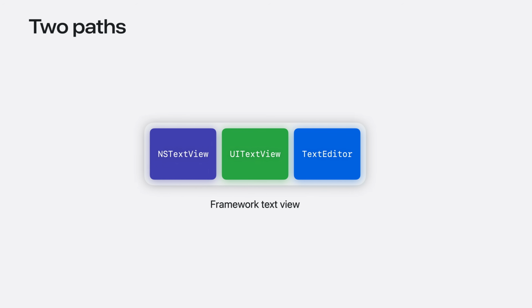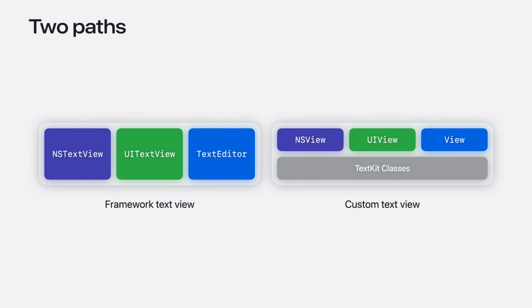The second path is to use TextKit as a text engine and render the text in a view or a layer directly. We call this a custom text view to differentiate them from the prepackaged framework text views. You set up an NSTextLayoutManager, implement viewport layout on your own view or layer, and handle all the rendering yourself.